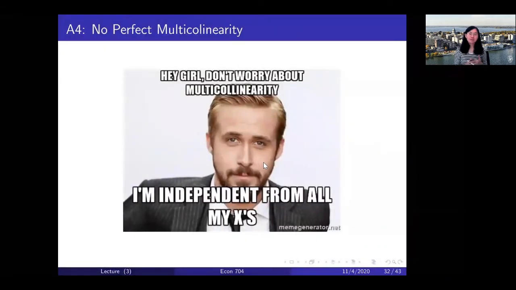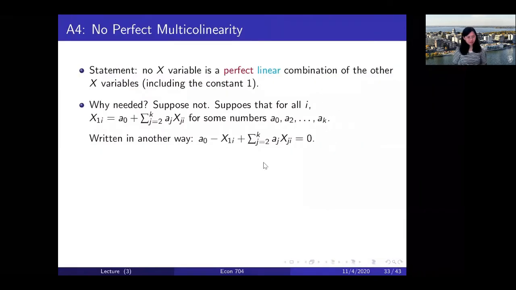Now, the fourth assumption is no perfect multicollinearity. So what is the no perfect multicollinearity assumption? The statement of the assumption is that there is no x variable that is a perfect linear combination of other x variables.